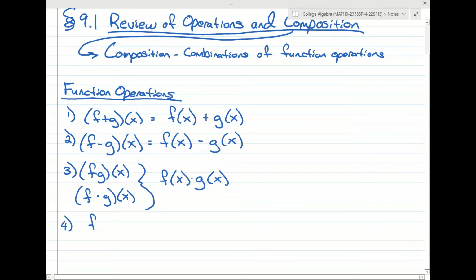If you see f divided by g of x, this means you take f of x and you divide it by g of x.